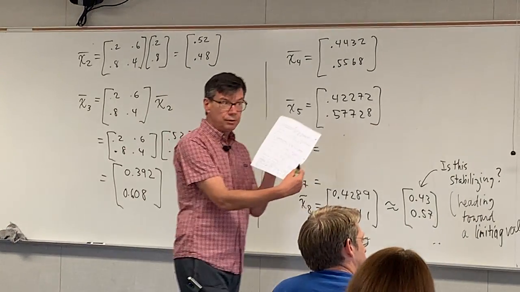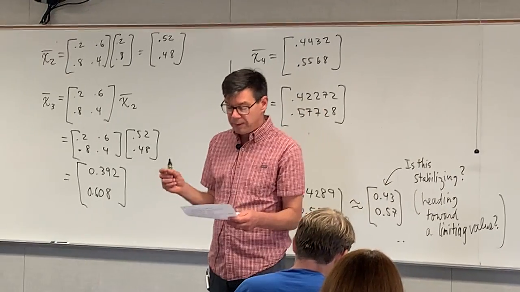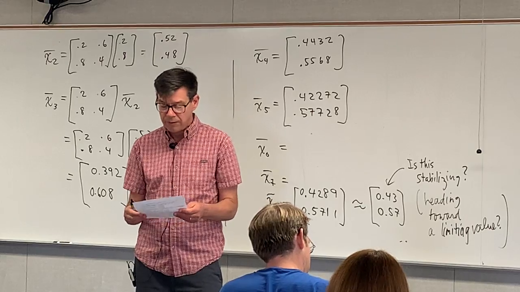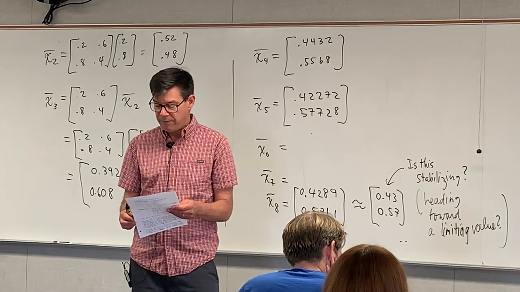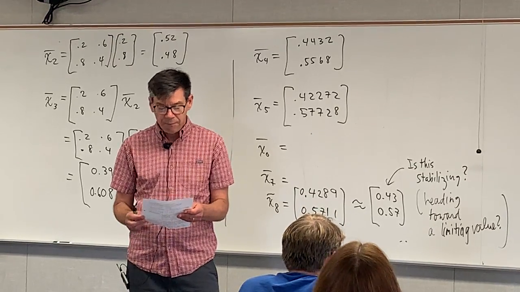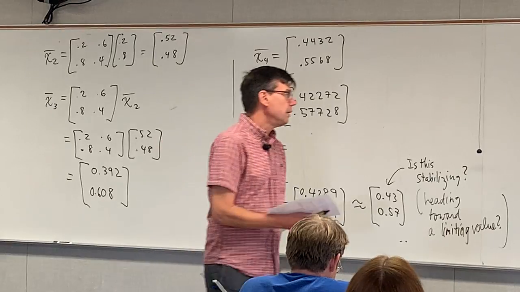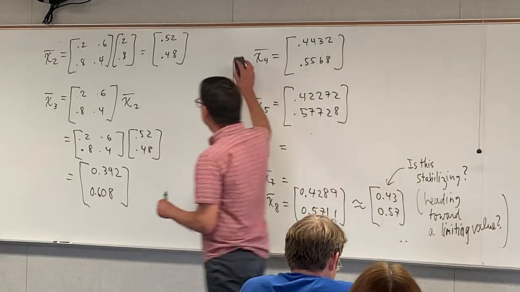And actually, let's just look at the top of the back side. A probability vector Q is called a steady state or equilibrium vector if, for a stochastic matrix P, P of Q equals Q. Do you see what the meaning of that statement is?